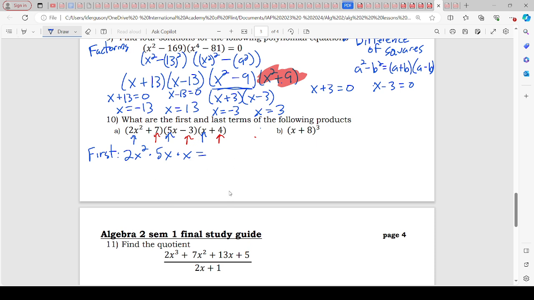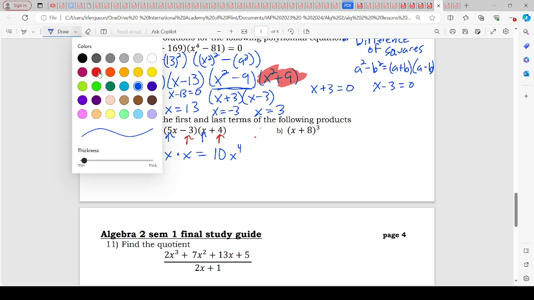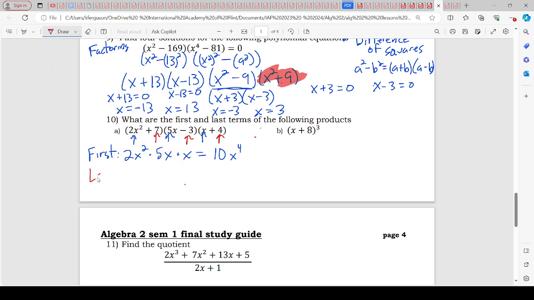So what does that give me? I'm multiplying it all out. What do I get? I get 10x to the fourth. 2x's, 3x's, 4x's. 10x to the fourth. And now I need to get the last term.